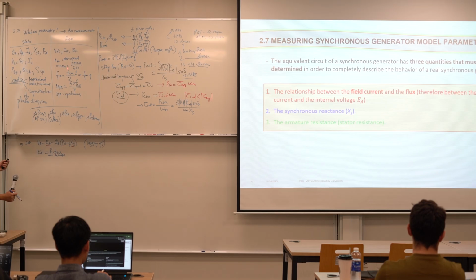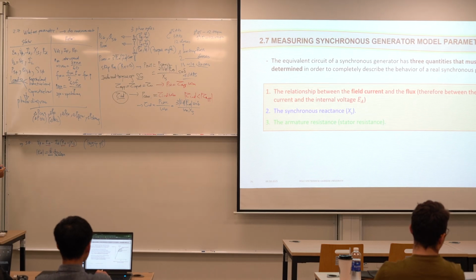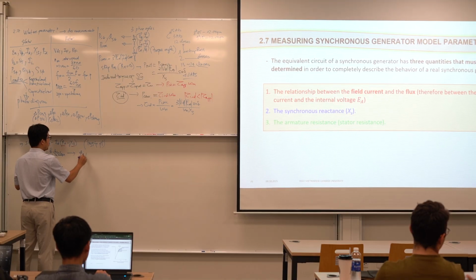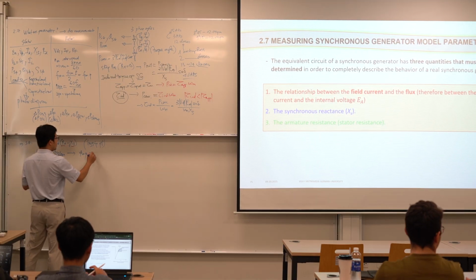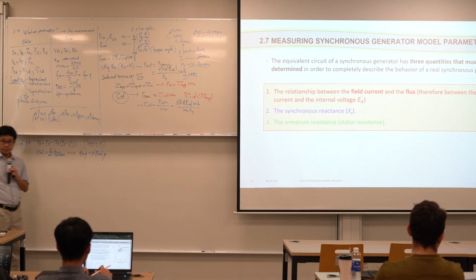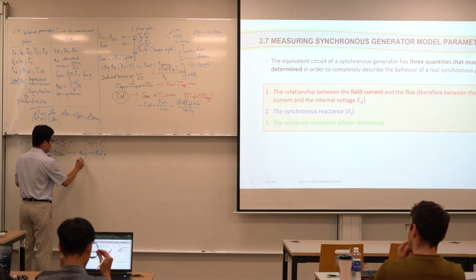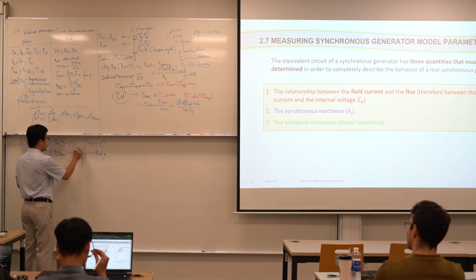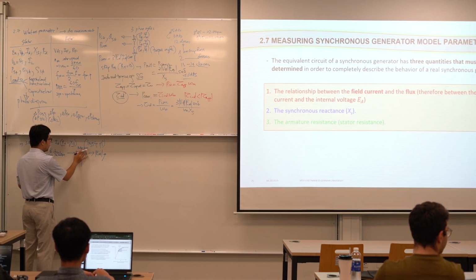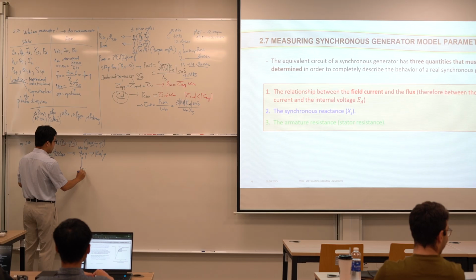When we fix the speed, omega m is constant. So we have the observation: when we increase phi m, that means we increase EA. Phi m is the rotor's magnetic field, so when we increase phi m, that means we increase IF.